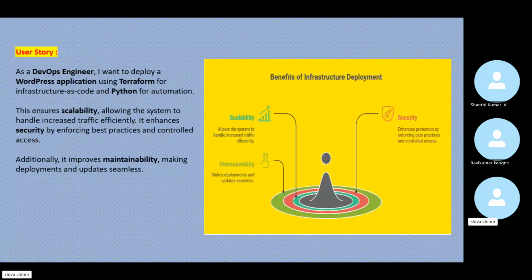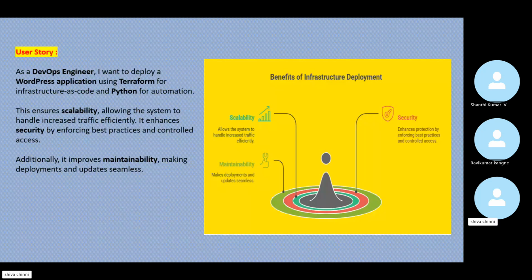Coming to the next point, the user story. The scenario is: as a DevOps or cloud engineer, I want to deploy a WordPress application using Terraform for infrastructure as code and Python for automation. While developing this, I make sure scalability is followed, which allows the system to handle increased traffic efficiently.